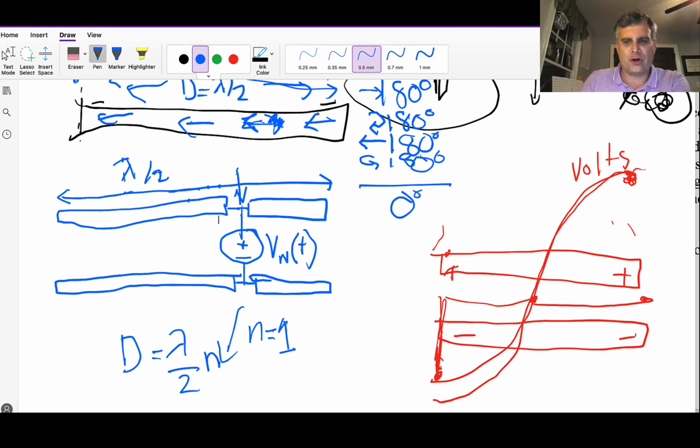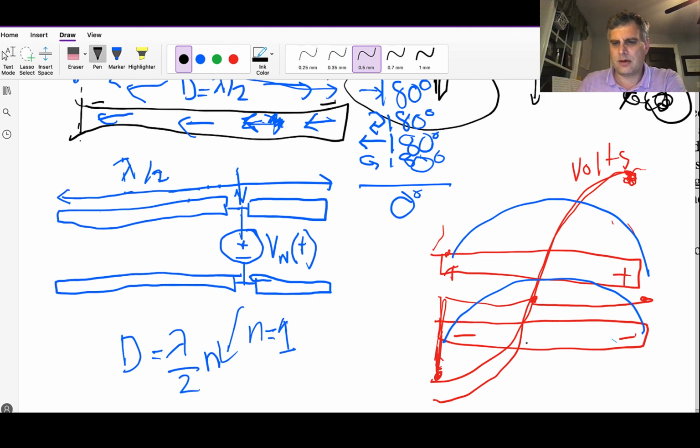All the while, the current waveforms on the top and the bottom bar are adding together to form that waveform.